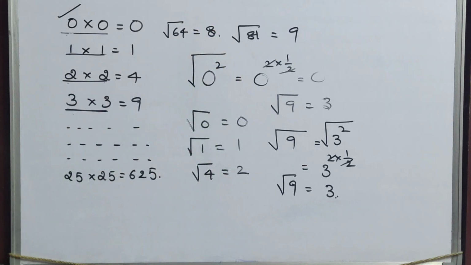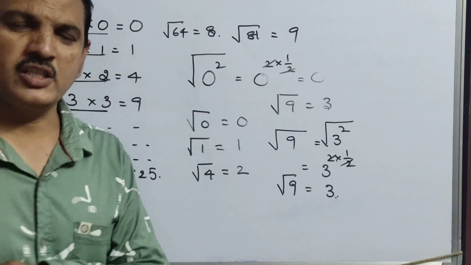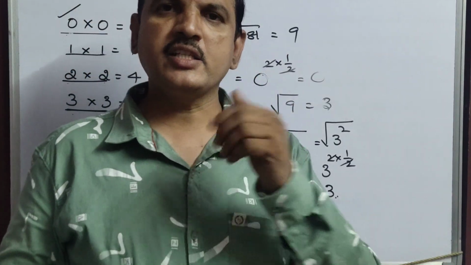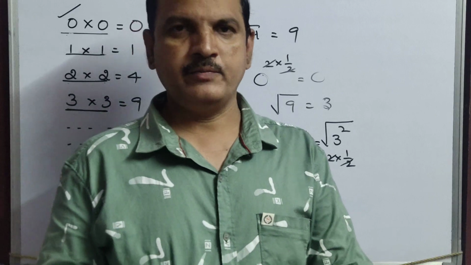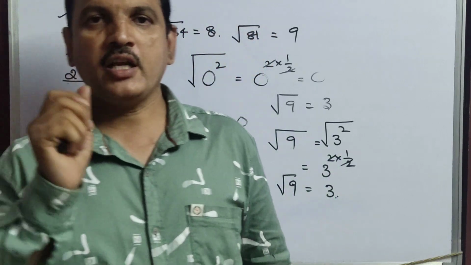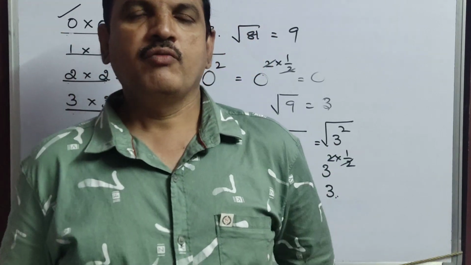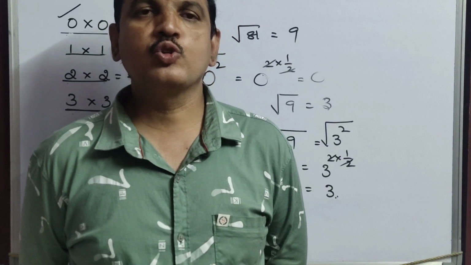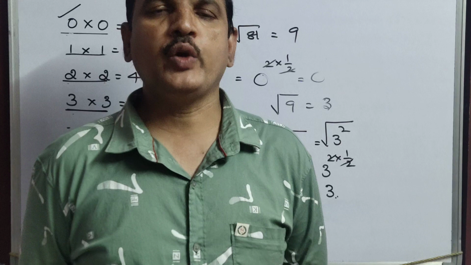But as I told you, sir, if there are 3 digits, 4 digits, 5 digits, 6 digits, how do we find it? Actually children, there are two methods for finding square roots.